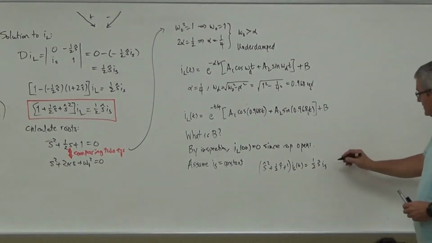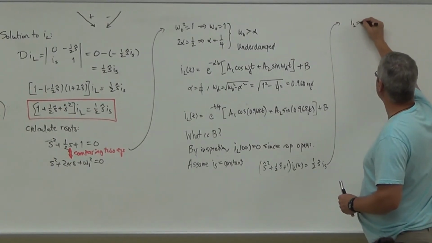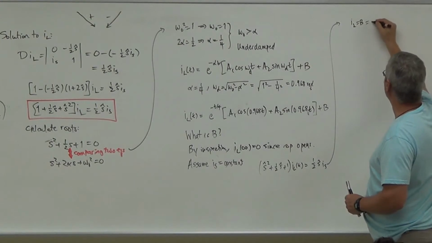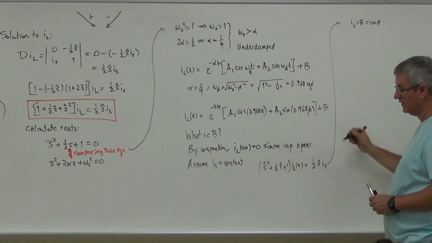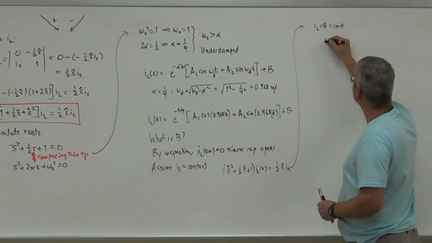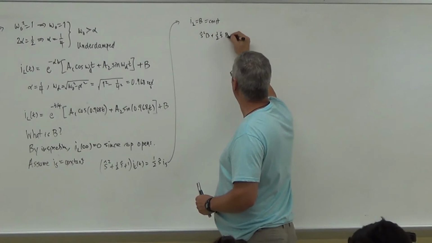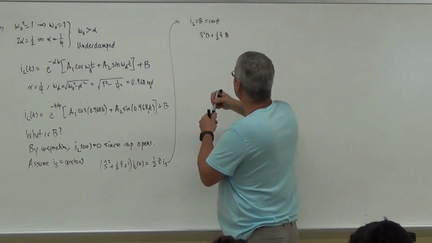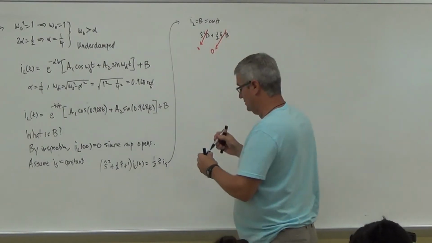So what does this equation tell me? It tells me that if IL is equal to B, which is a constant, and I plug that into this equation, I'm going to get s hat squared B plus 1/2 s hat B. And since these are derivatives, that immediately goes to 0. Right?